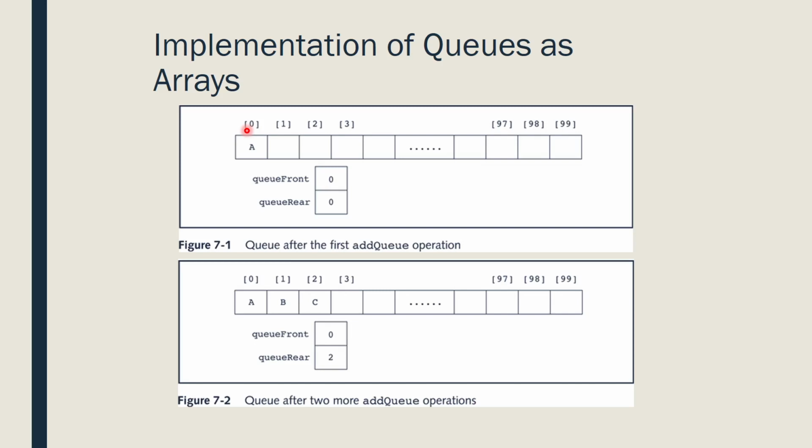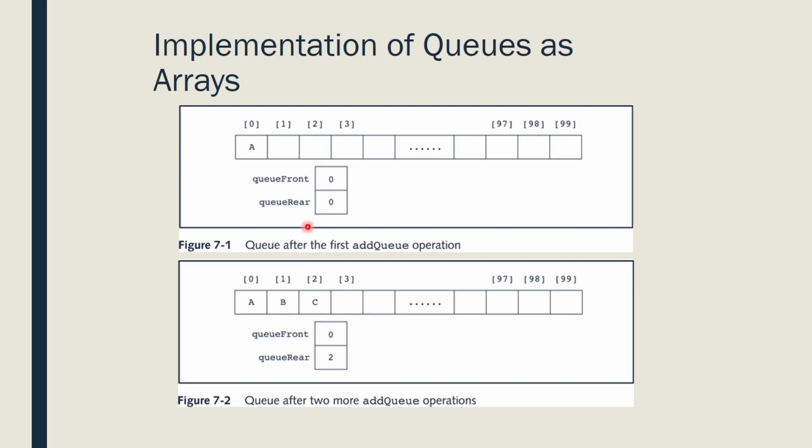And now, after adding two more items, B and C, after A, populating or adding the B and C elements to our queue as an array, it will add them to the end of the queue.